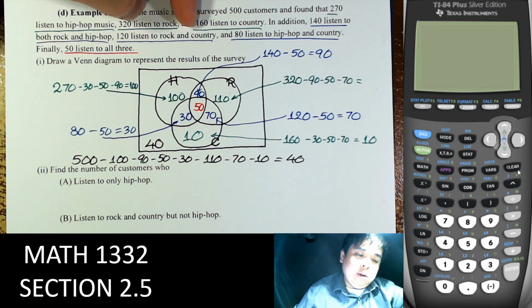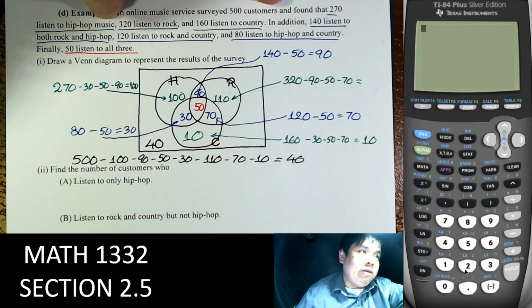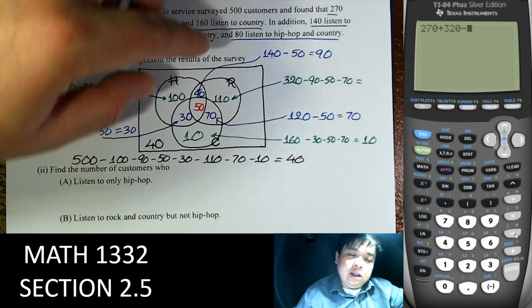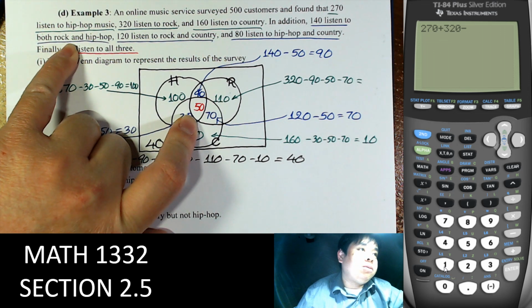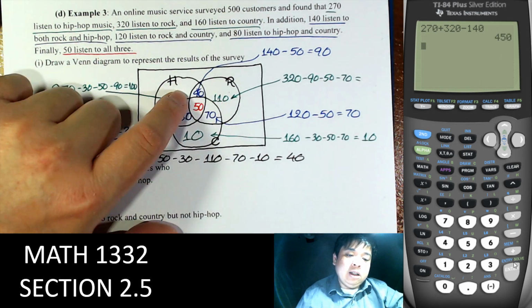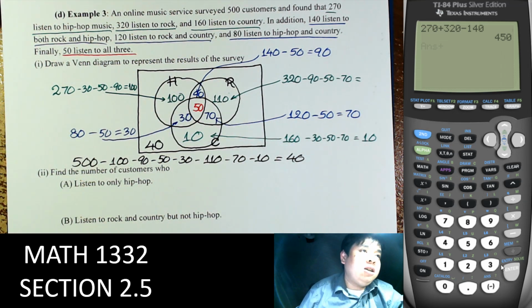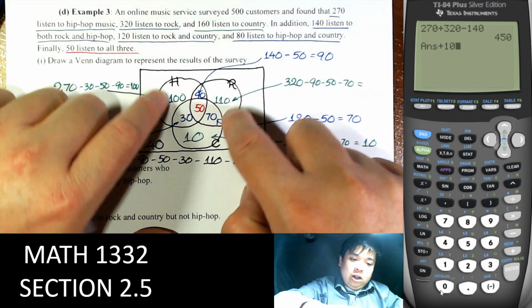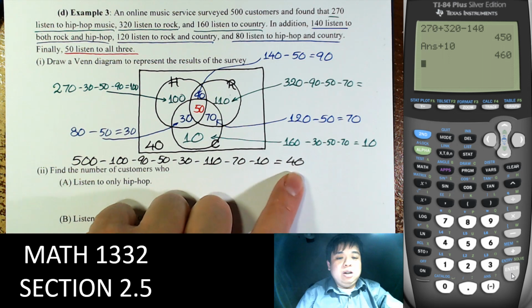So those that listen to hip hop music, 270, to rock 320, and we have to subtract the 140 that listen to hip hop and rock. So you have 450, plus the 10. So now in the three sets we have 460. So yes, 40 on the outside.